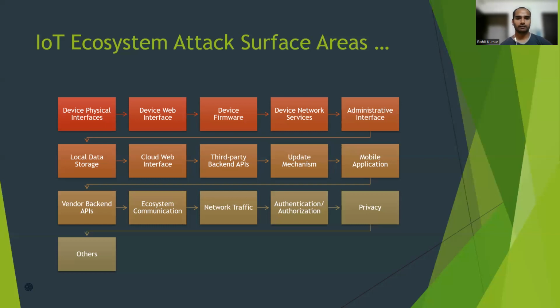Then moving to the third-party backend APIs, because on the front end you use so many APIs and you usually remain aware of them. But at the back side also, so many APIs perform their work, and you should be careful about these APIs also if you are a system administrator particularly, because a normal user doesn't have insights about the APIs or specifically the backend APIs. But if you are a system administrator, you should consistently monitor the network.